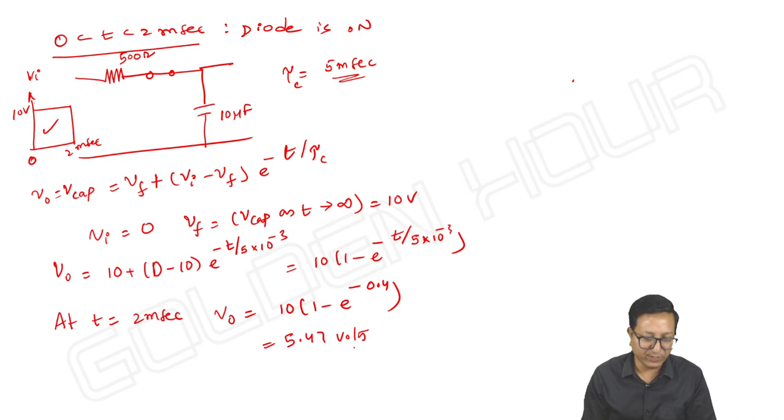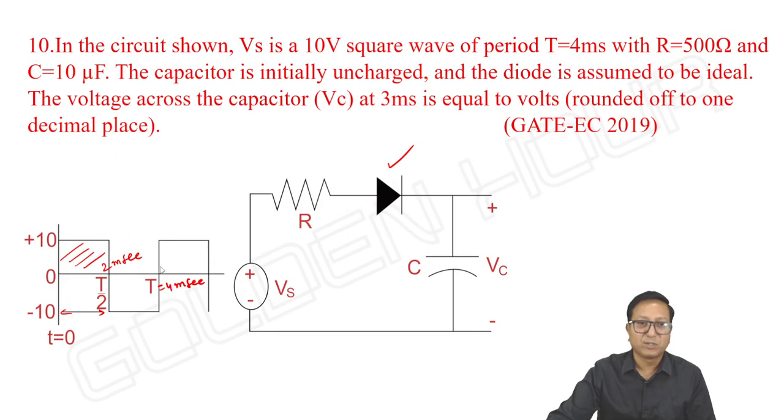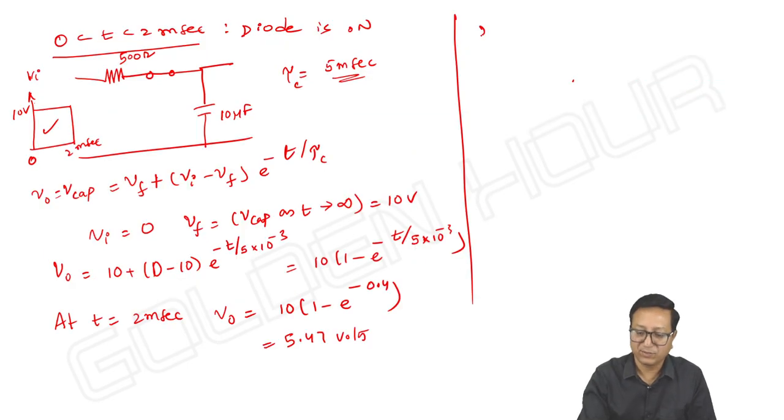This is what we can see at the end of 2 milliseconds. And from 2 milliseconds to 4 milliseconds, the next half cycle, input is a negative going cycle. So definitely the diode is off.